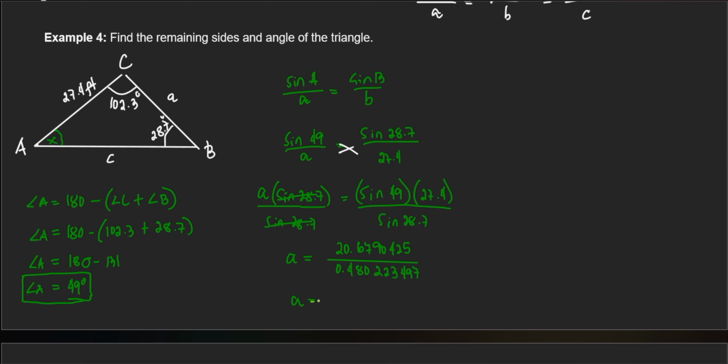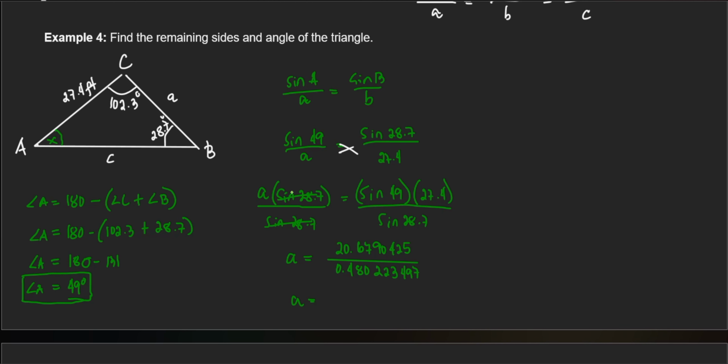Now, since nandito na tayo sa final, pwede mo na kunin yung 2 decimal places. For example, we have 20.6790425 divided by 0.480223497.